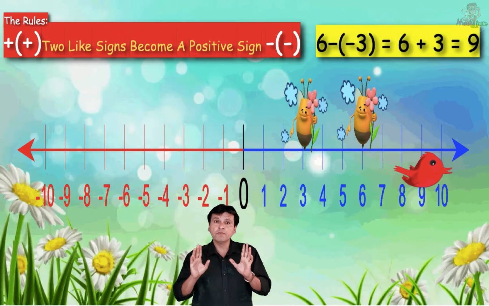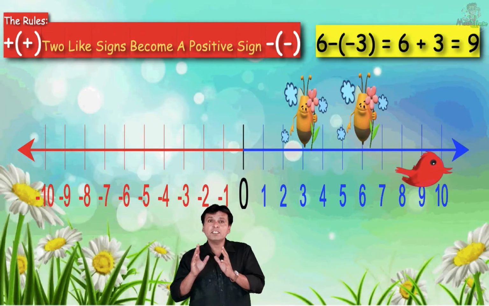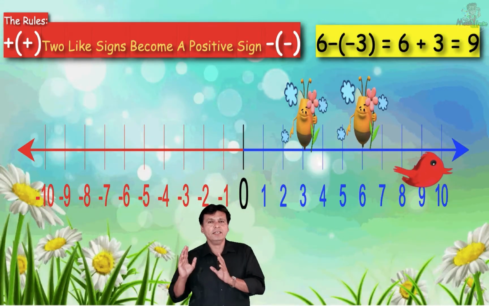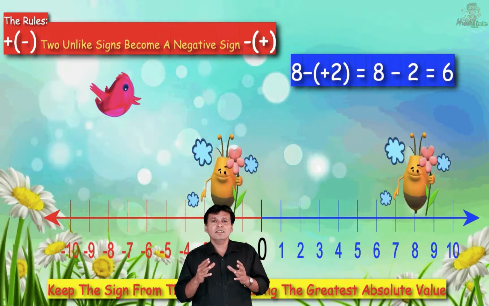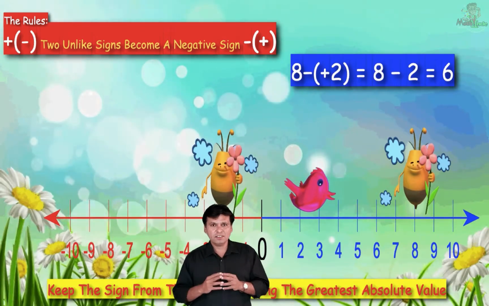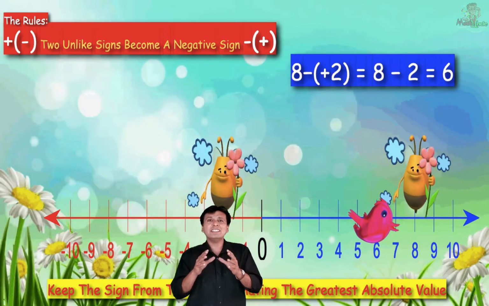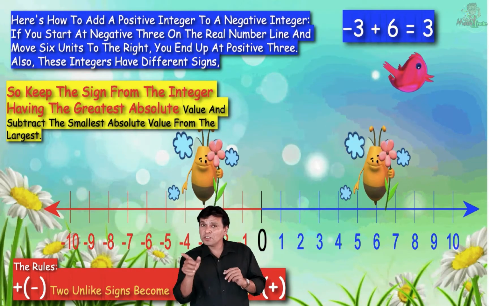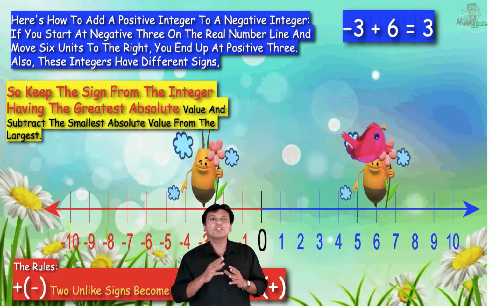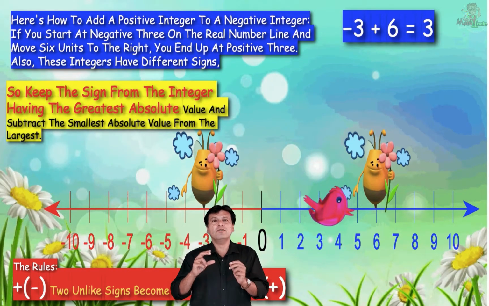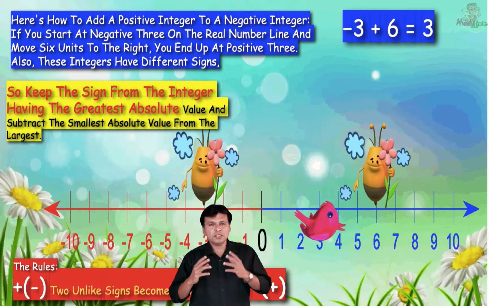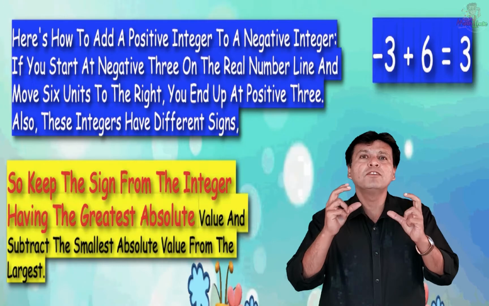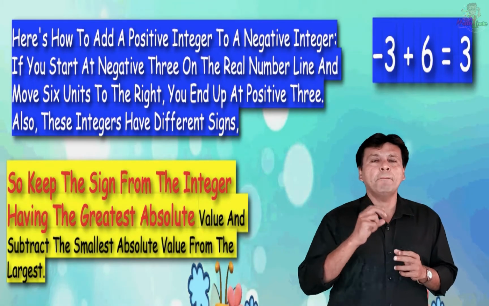Always remember that you will get confused in this. 6 minus minus 3 will become 6 plus 3 equals 9. 8 minus 2 becomes 6, and minus 3 plus 6 becomes 3. This is also confusing. Minus 3 plus 6 becomes 3. Why? Because you keep the sign of the number which is bigger. You can see it in the animations that you have to keep the sign of the biggest whole number.